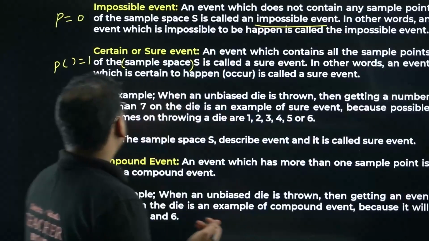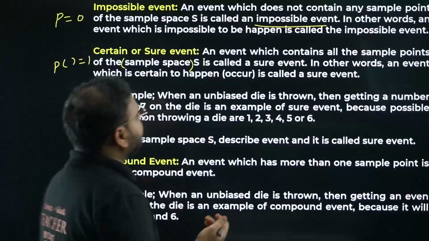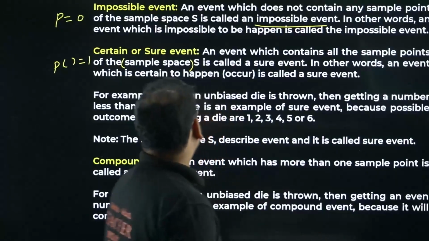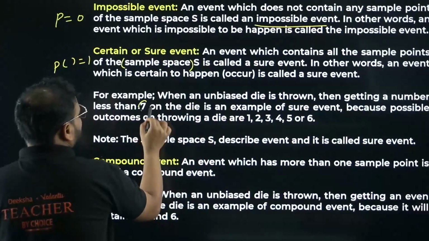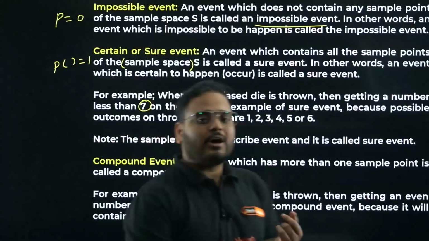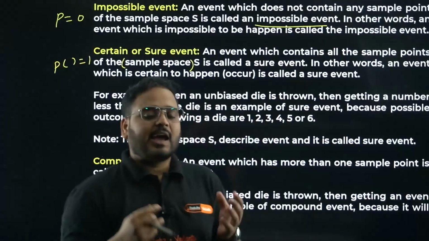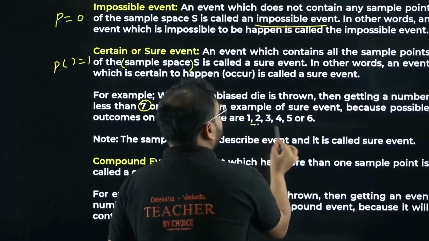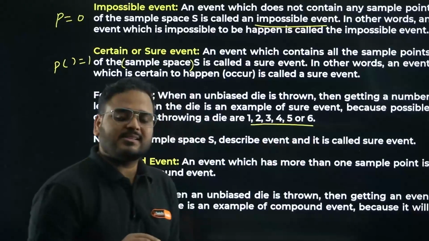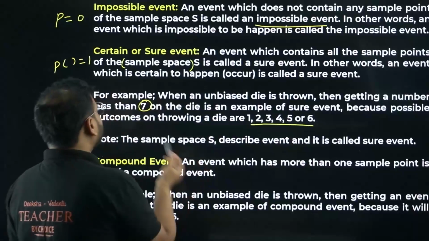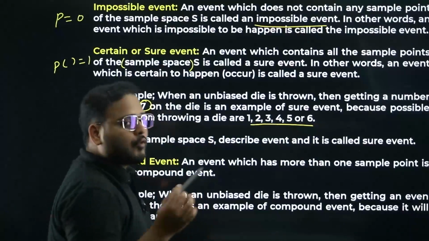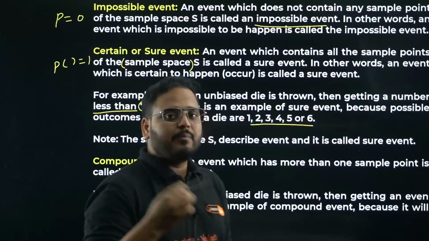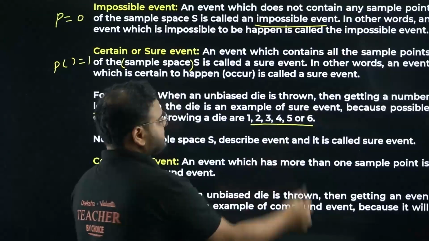For example, when an unbiased die is thrown, getting a number less than 7. Think about it. On a die we have 1, 2, 3, 4, 5, 6. All of these are less than 7. It means if you define the event like this, less than 7, then of course all the sample points will be part of the sample space.